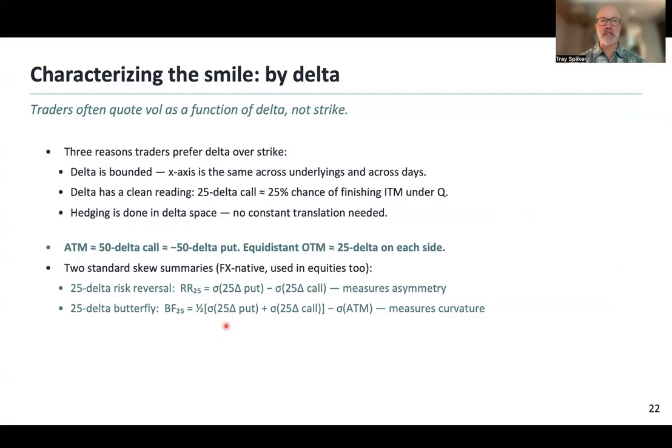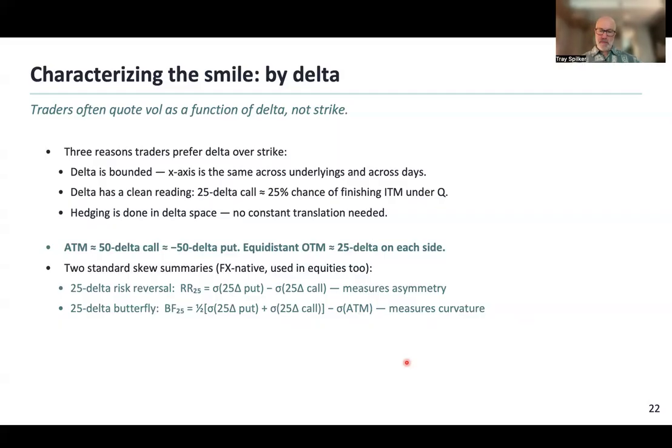We talked about the butterfly position before. Remember, it's got that sort of peak in the middle. It's got some wings. And what this is actually used for is, so you're taking basically half of the distance between the two 25 delta implied vol options minus the implied volatility of the at the money option, which will measure the curvature of the option.